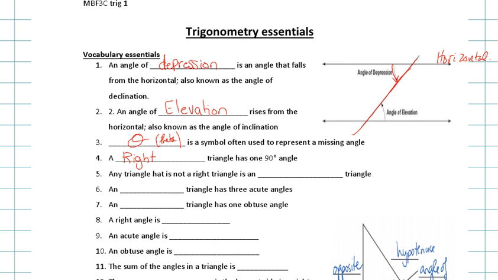So we call it an obtuse. Sorry, oblique. Obtuse is a measurement. So it's an oblique triangle. So if it's not a right angle triangle, it's an oblique.